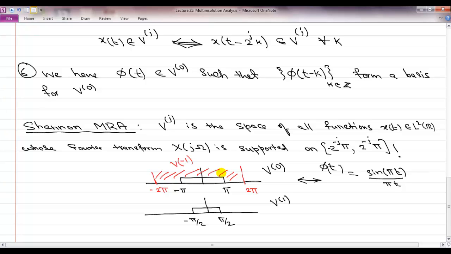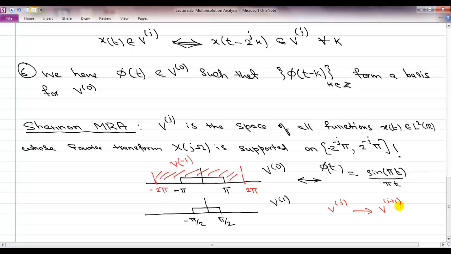Okay. Now, think of what is happening as you go from V0 to V1. You are looking at smaller and smaller bands. Effectively, you are saying that I am looking at more and more low-pass approximations of my original signal. As you go from Vj to, let's say, Vj plus 1, you are throwing away high-pass frequencies, at least in this example.